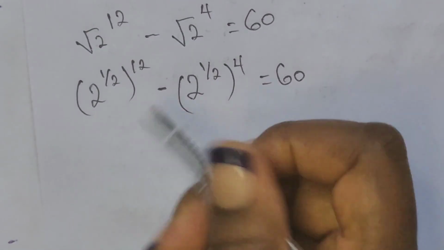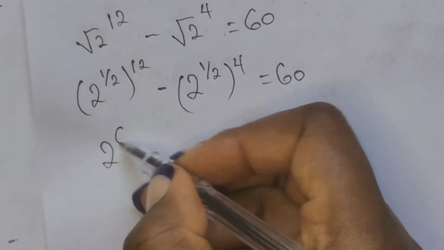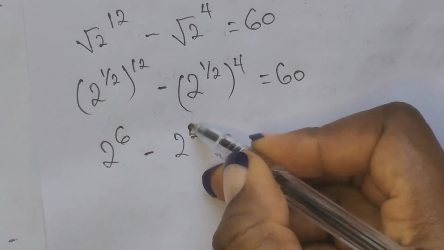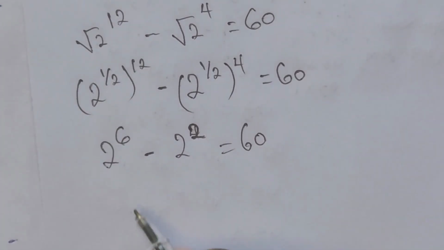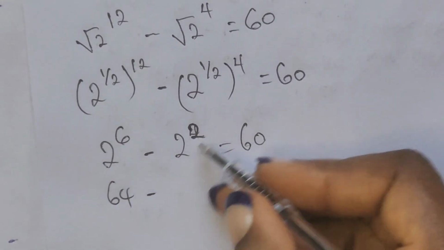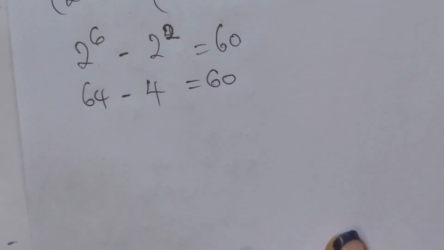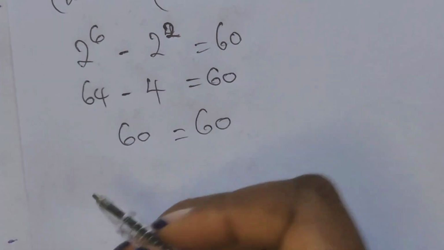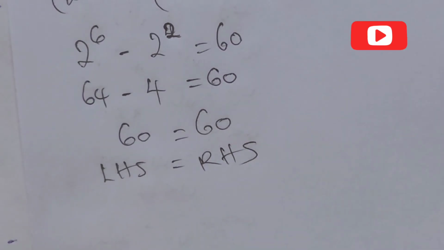So resolving this, we multiply the powers here to have 2 to the power of 6 minus 2 to the power of 2, all equal to 60. So 2 to the power of 6 we know is 64, and 2 to the power of 2 is 4. So we have 64 minus 4, which is 60, is equal to 60. So the left hand side is equal to the right hand side.